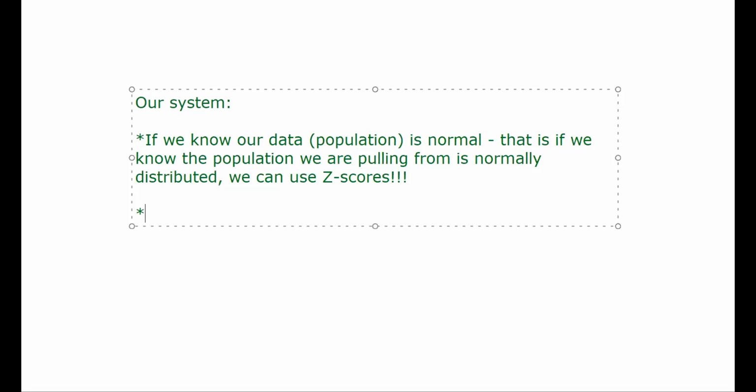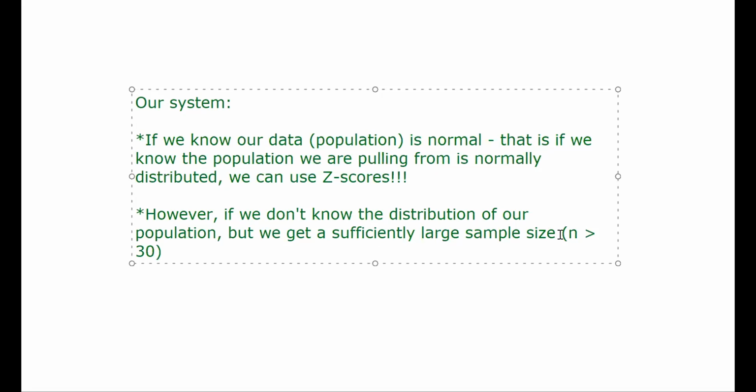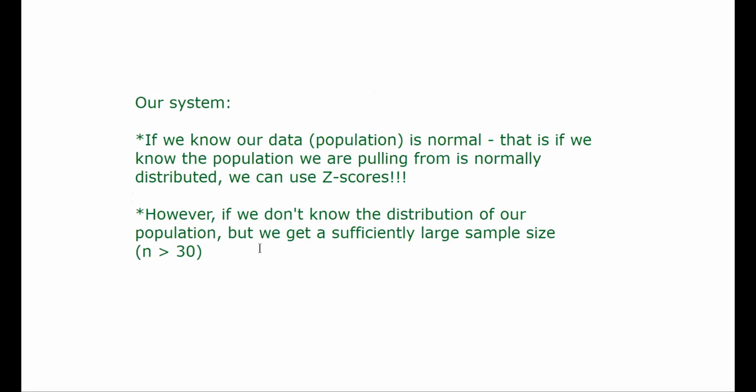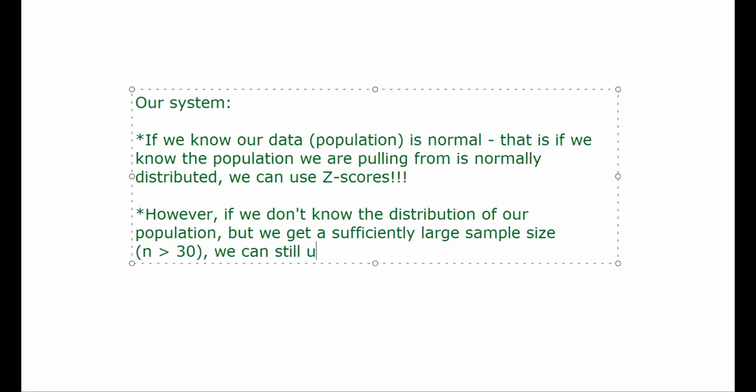However, if we don't know the distribution of our population, but we get a sufficiently large sample size, and they usually say n greater than or equal to 30, so as long as you get a large enough sample size of maybe at least 30, we can still use z-scores.